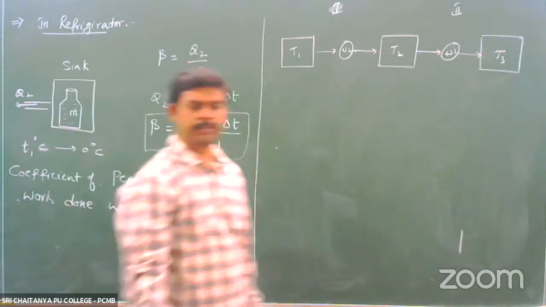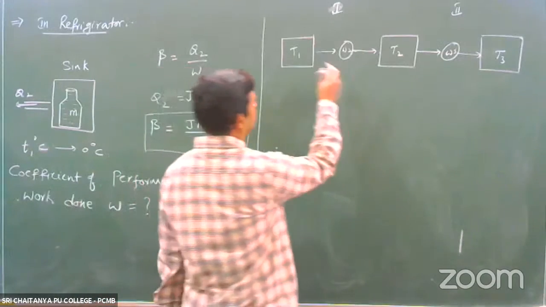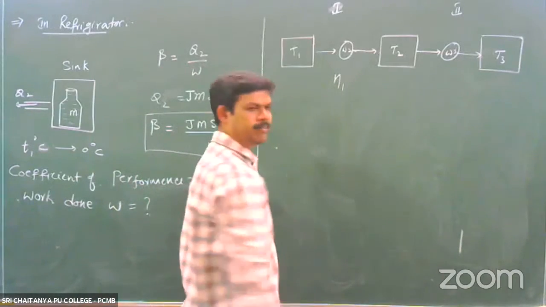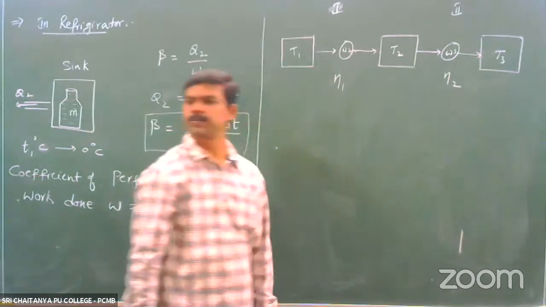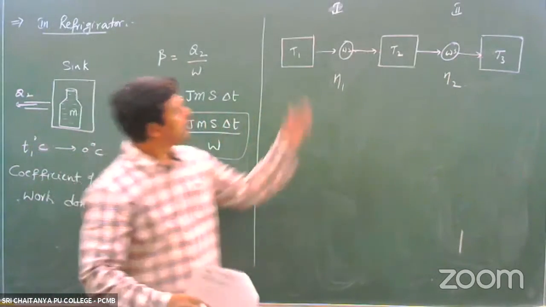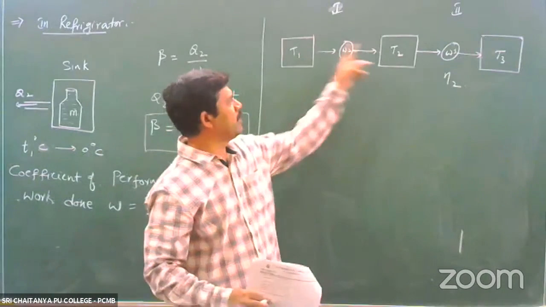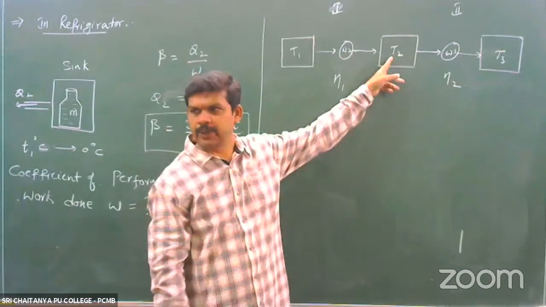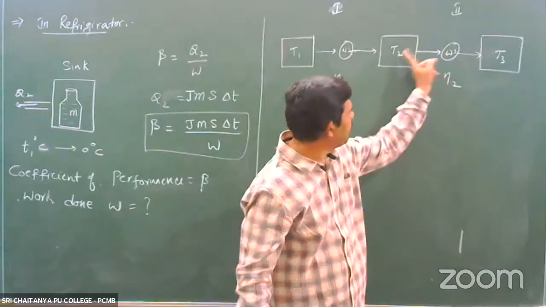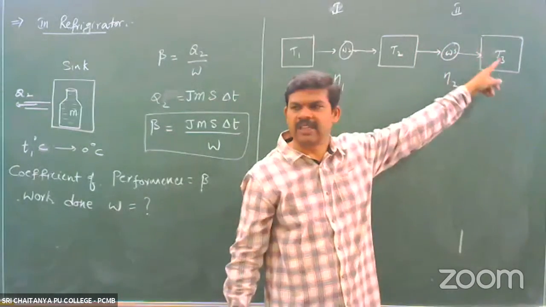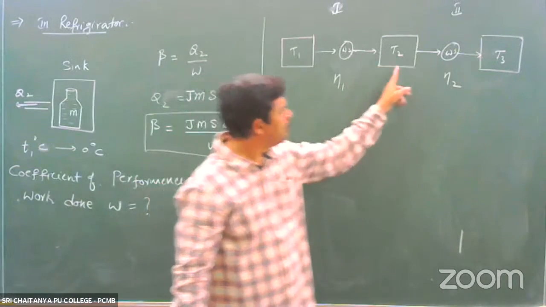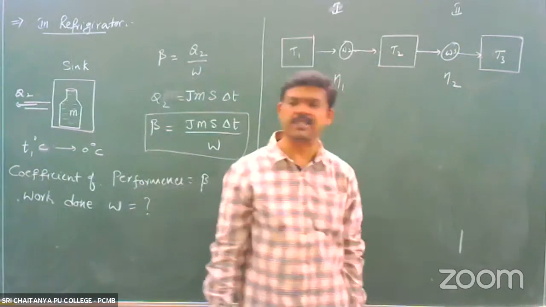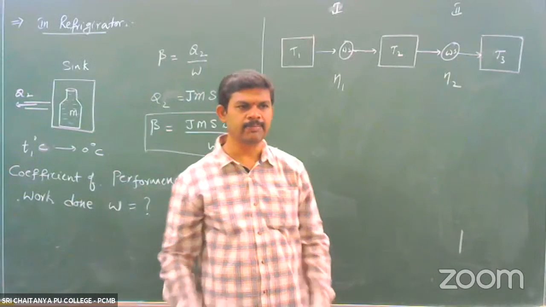For this engine, efficiency is eta 1. For this engine, efficiency is eta 2. The first engine is operating between temperatures T1 and T2. The second engine is operating between temperatures T2 and T3. For the first engine, efficiency is eta 1. For the second engine, efficiency is eta 2.